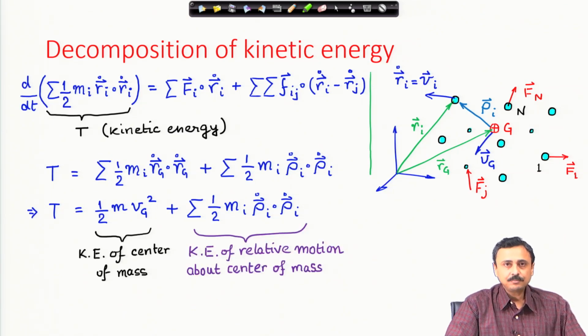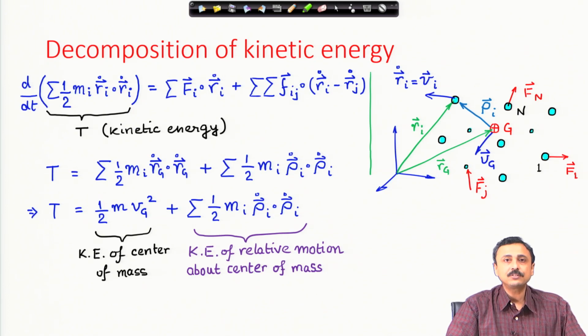The first term is the kinetic energy because of the motion of center of mass, and the second term is the kinetic energy due to the relative motion of the particles about the center of mass.